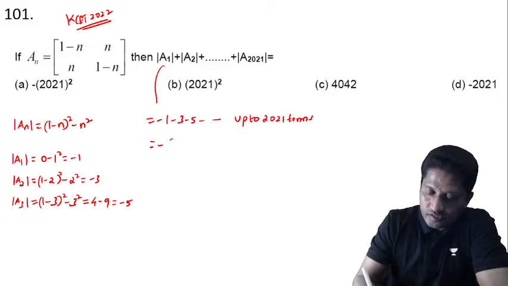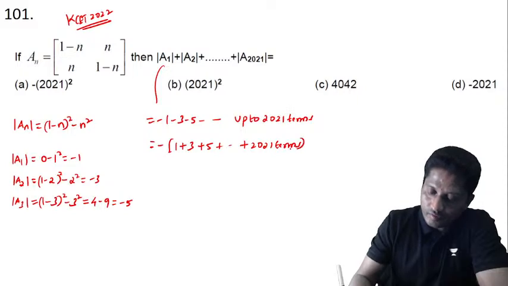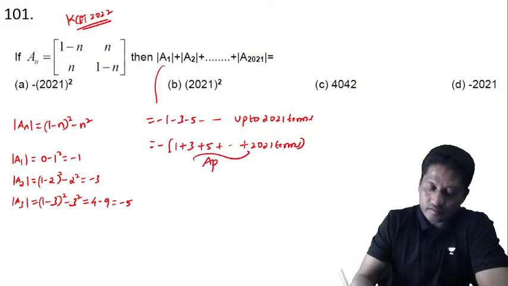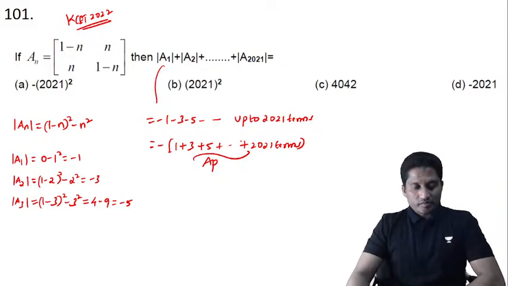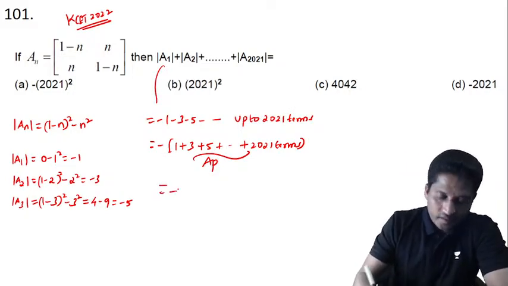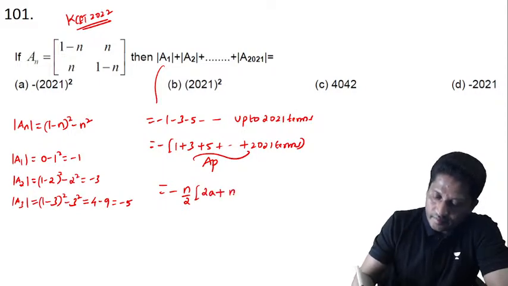Okay, so I take minus common, you get 1 plus 3 plus 5, and so on up to 2021 terms. Obviously this is an AP, right? Sum to n terms of an AP, yes, Gaurav, right, is n by 2 into 2a plus n minus 1 into d.